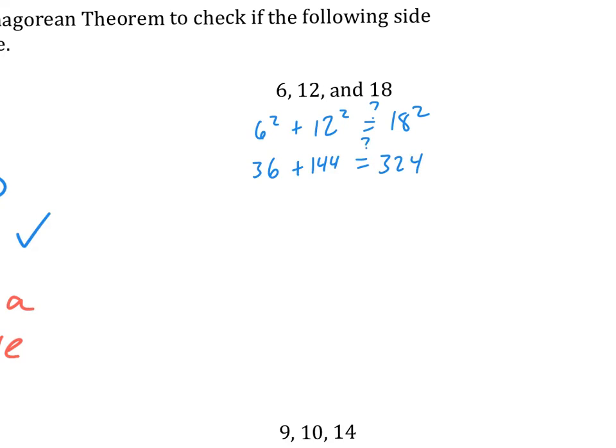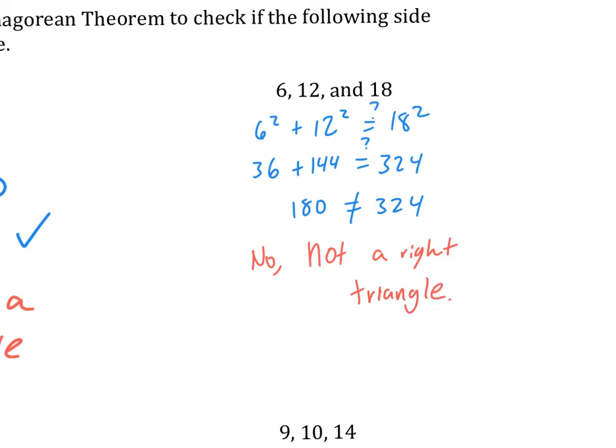Well, 36 plus 144 gives us 180, which is definitely not equal to 324. So we know that no, this is not a right triangle. Those side lengths would not make a right triangle. There wouldn't be a right angle.